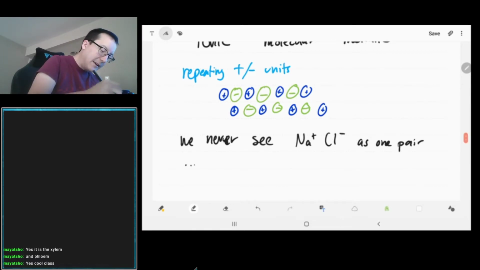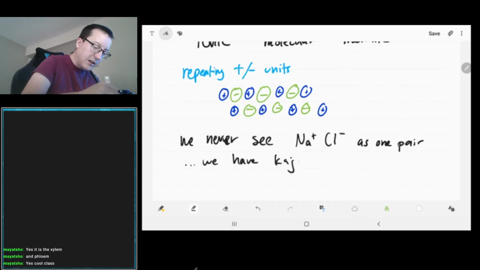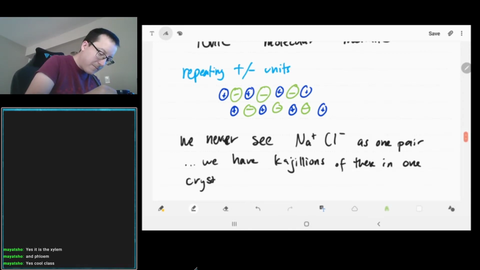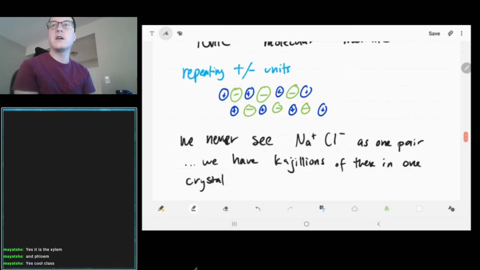In reality, we have a formal term called cajillions in a crystal. So if you take a look at a salt crystal, you can see a crystal of salt with your eyes, right? Where we can definitely not see atoms with our eyes.